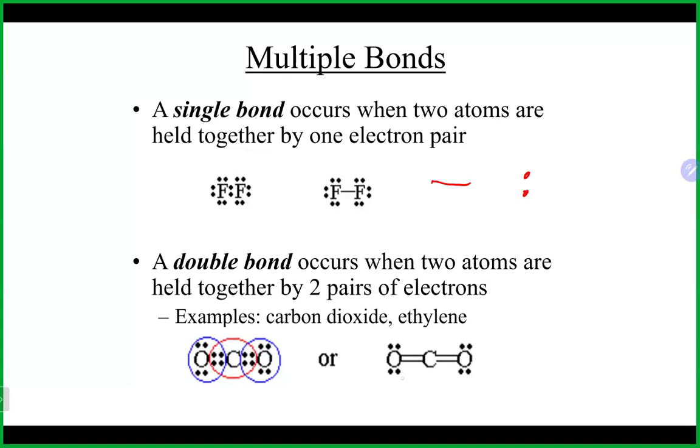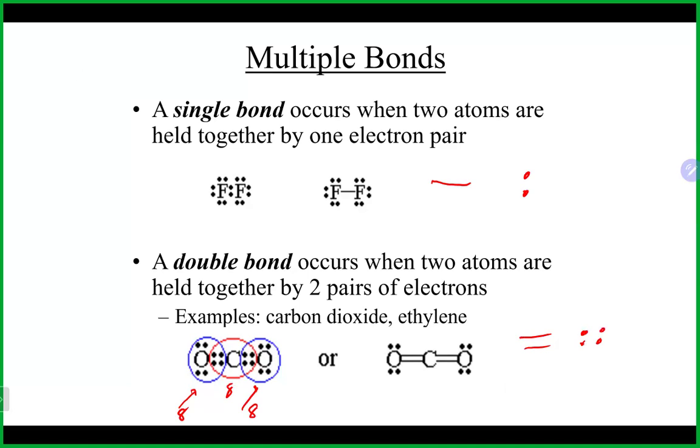In the case of CO2 here, it takes 2 double bonds actually to get each of these oxygens to 8 electrons, and the carbon also to 8 electrons in this case through 2 double bonds. And that would represent again 4 total electrons or 2 pairs of electrons.